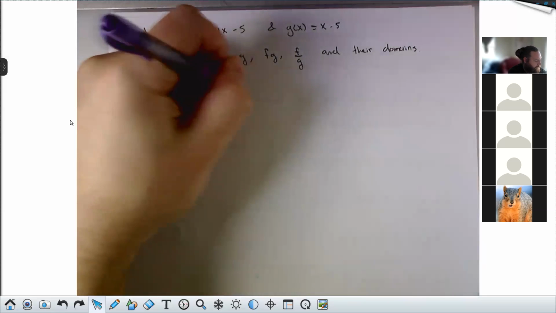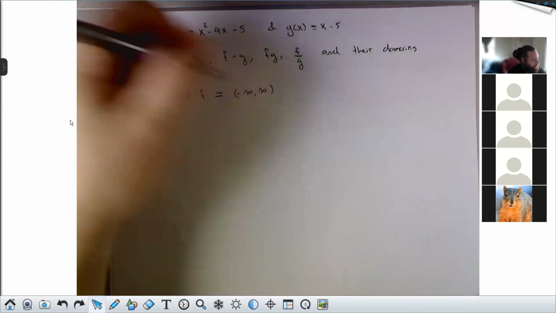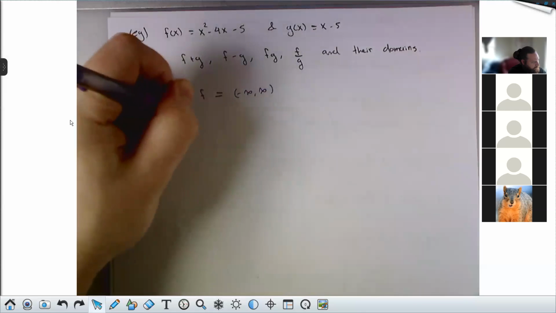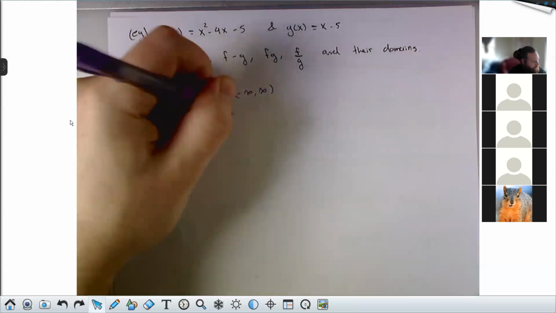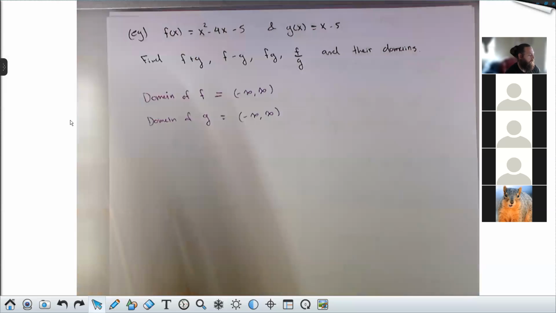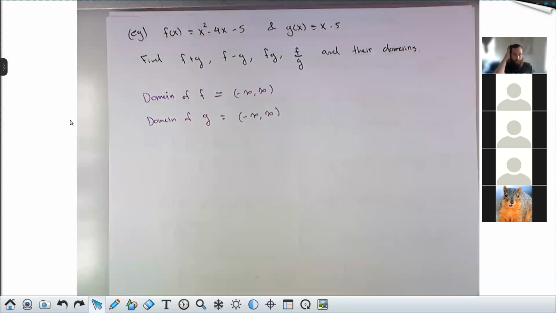So negative infinity to infinity. And the domain of g is also all real numbers. It's a linear function, that's a polynomial as well. So most of these are going to have domain all real numbers. Because if you intersect these two sets, you get all real numbers. The overlap here is everything.